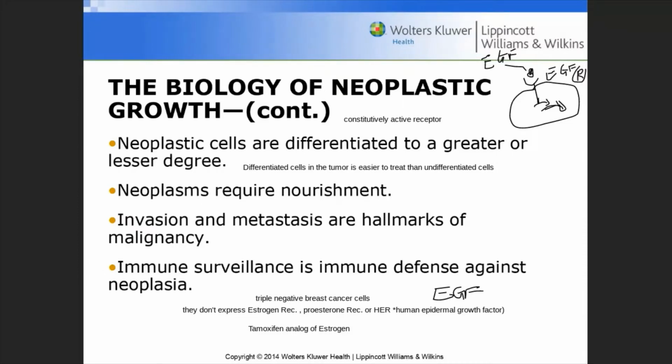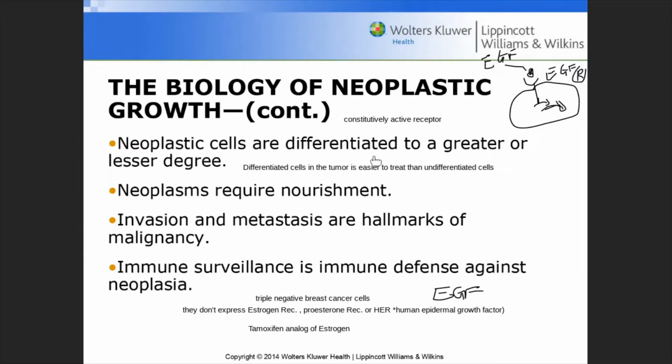You can give the patient tamoxifen and they respond to it. If the cancer cell requires estrogen to survive, it needs the estrogen receptor, then you treat it with tamoxifen. But if the cancer does not express this estrogen receptor, how do you give tamoxifen? It doesn't express it, and tamoxifen won't do anything to it.